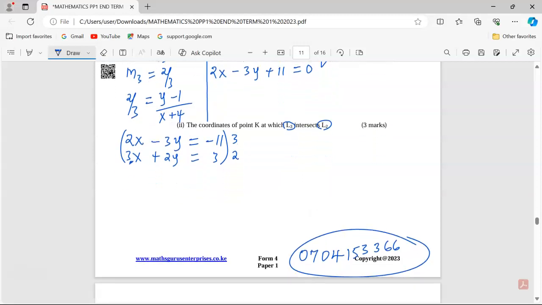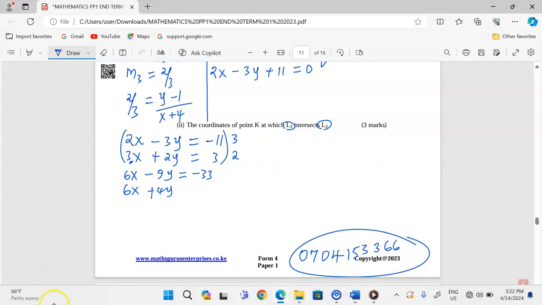We just interchange the coefficients. This will be 6x minus 9y equals -33. Then 6x plus 4y, sorry, this should be a positive 4y, equals 6.